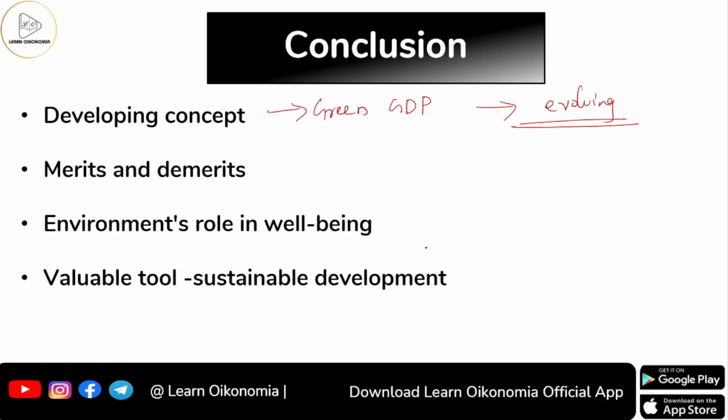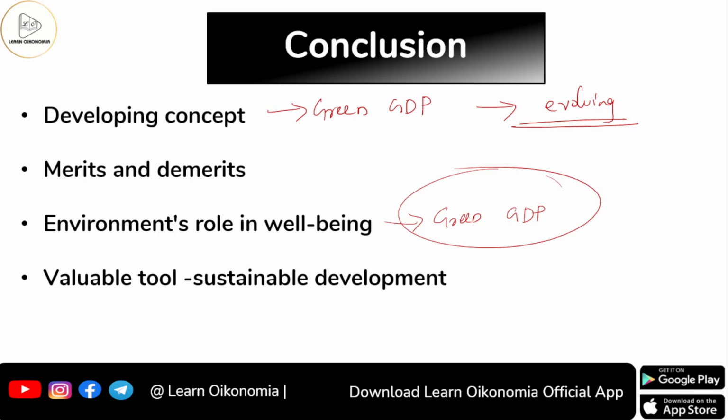But whenever we go for green GDP calculation, it will be a very holistic kind of process, because we will be able to know the real economic well-being and the real environmental well-being. In this case, we will be taking both economic as well as environmental factors into consideration simultaneously. So it's a very valuable tool.